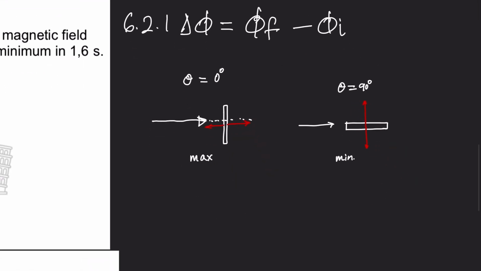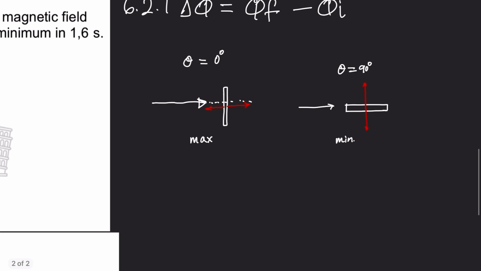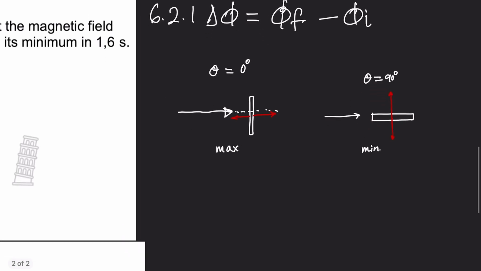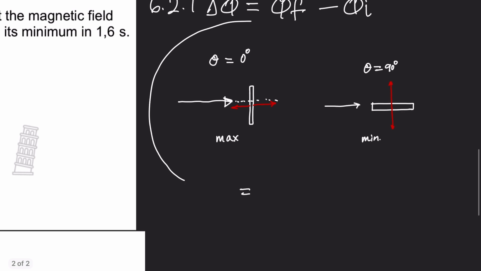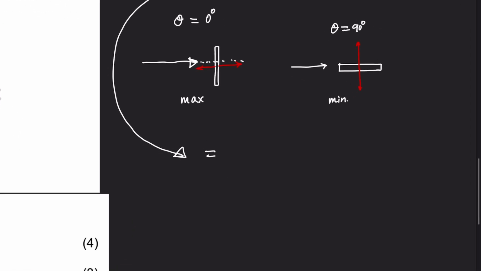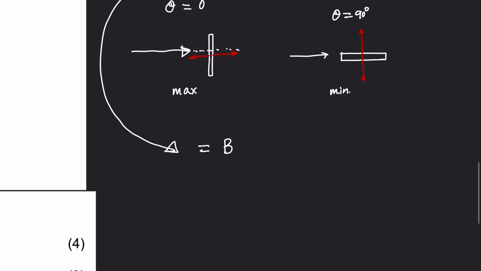So delta phi is equal to phi final minus phi initial. Now we can calculate this. We're going from here to there. So this is going to be BA cos theta for the final, minus BA cos theta for the initial.